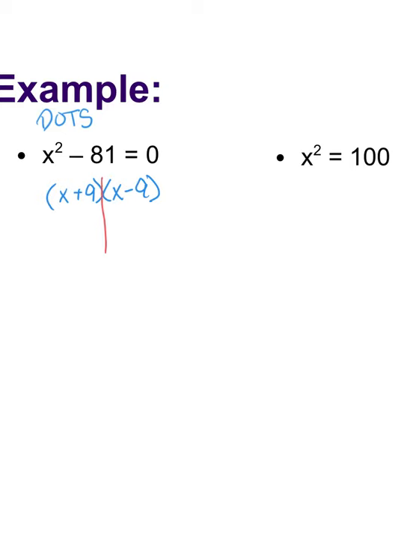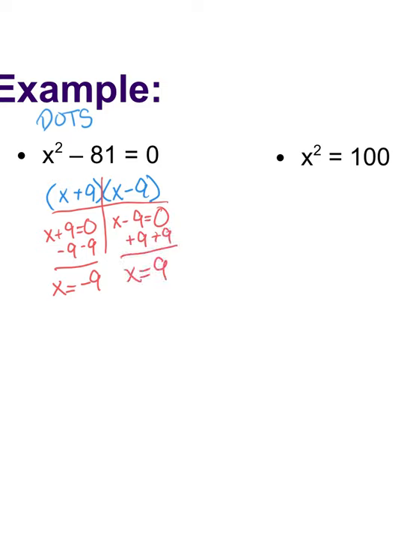To solve, I'm going to T-chart it, and I'm going to write x plus 9 equals 0. I'm going to solve. So I get x equals negative 9. And over here, when I solve this one, I get x equals positive 9. So my answers are negative 9 and positive 9.